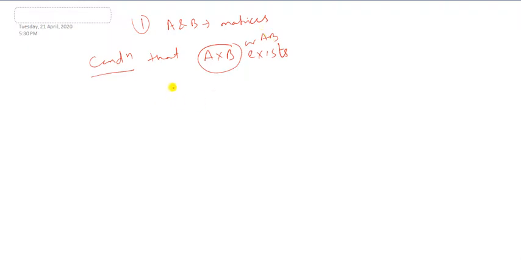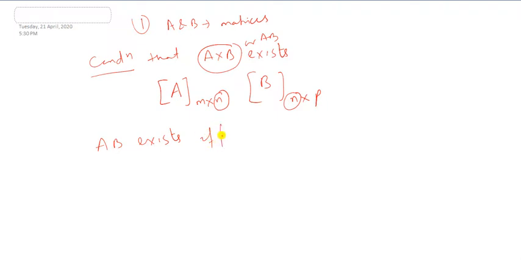The condition says, if A is of order m cross n, then B should be of order n cross p. That means the number of columns in the first must be equal to the number of rows in the second. So AB exists, this is very important, if and only if the number of columns of A is equal to the number of rows of B. This is important, number 1.